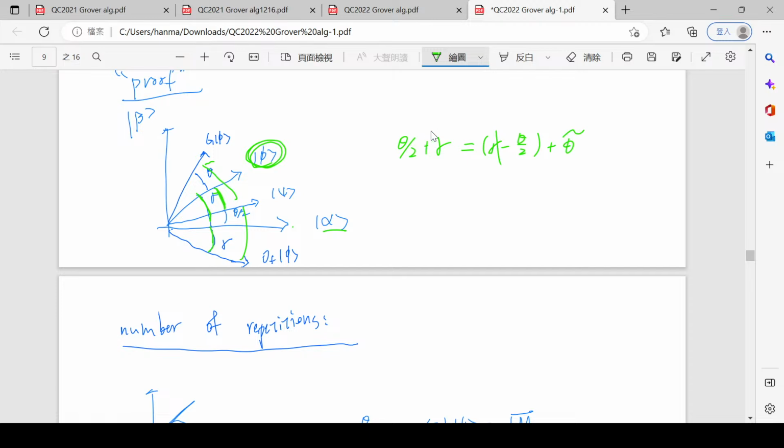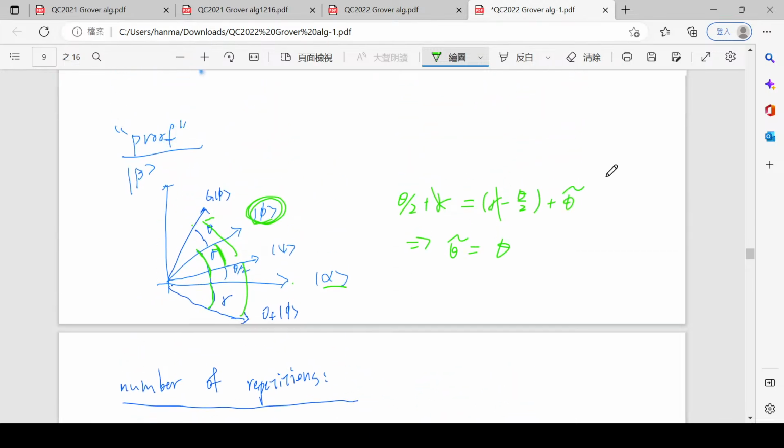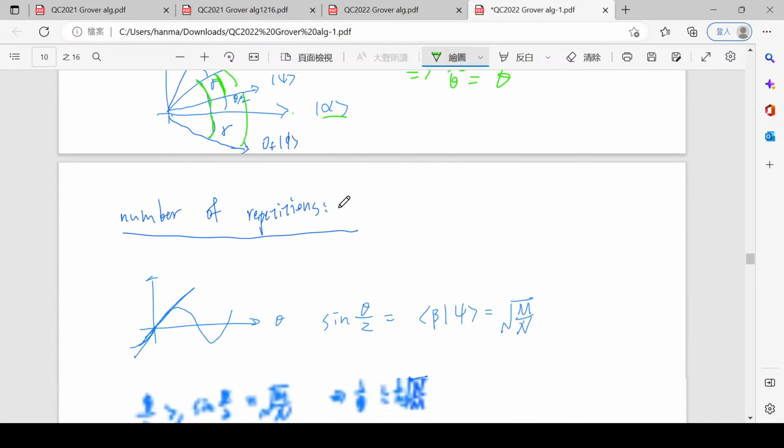So gamma cancels, and you get theta tilde equal to theta over 2 plus theta over 2 equals theta. Okay? So we proved that this angle is theta. When we do two reflections, we actually rotate by theta no matter what your starting position is. Okay? This is like elementary school math.